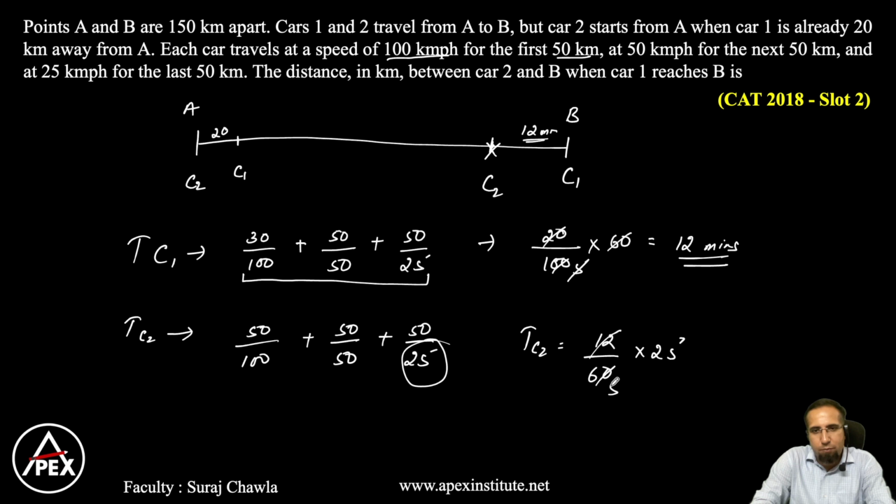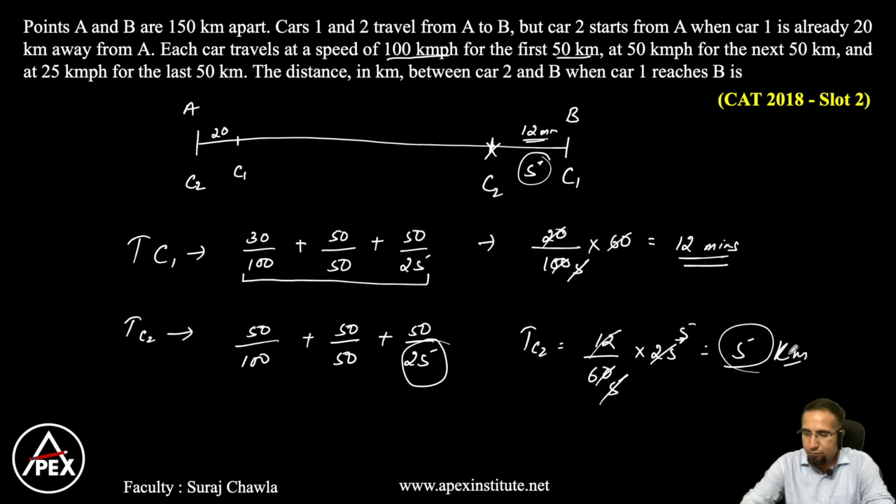So this becomes 1 by 5 times 25, which is 5. That means the gap between car 1 and car 2 when car 1 reaches B is going to be 5 kilometers, and that's our required answer. Clear, guys? Let's move to the next question, please.